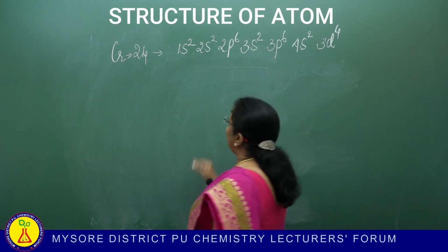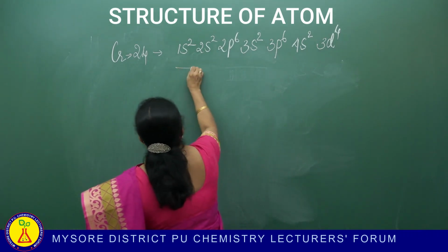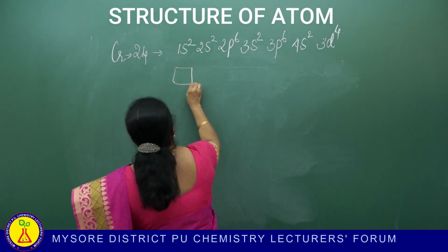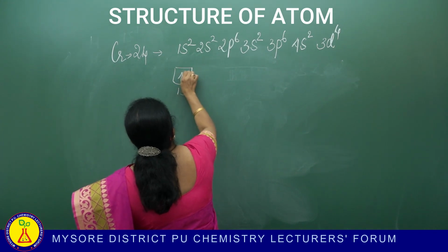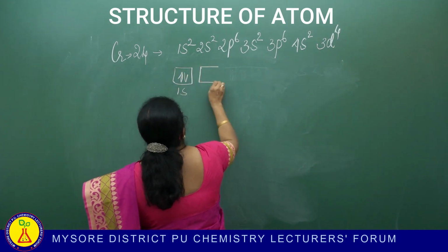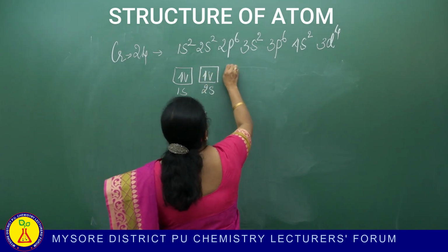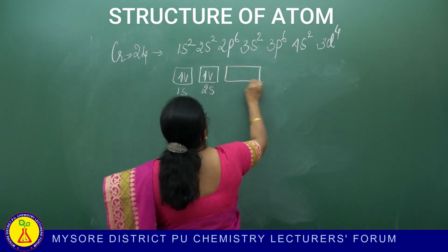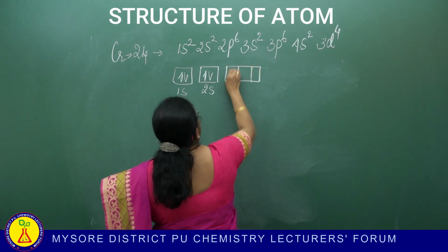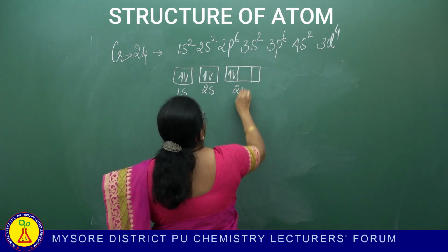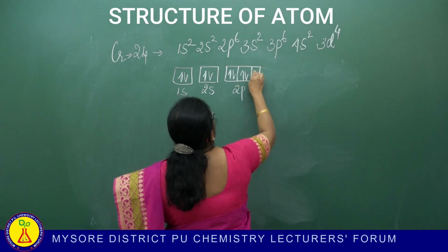So when I draw the box diagram: 1s, 2 electrons, 2s, 2 electrons, 2p, 6 electrons. Put it like this.